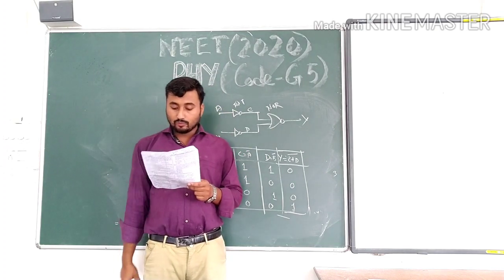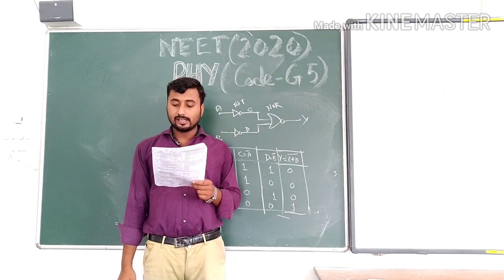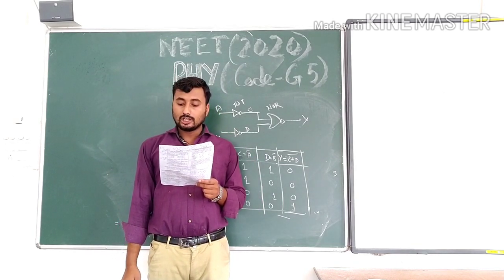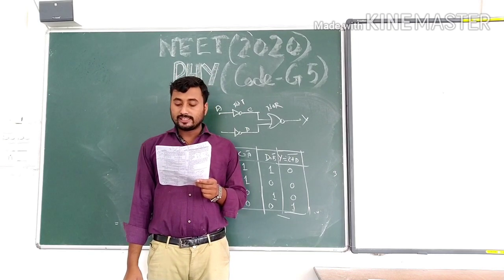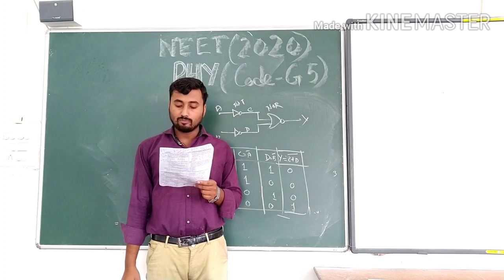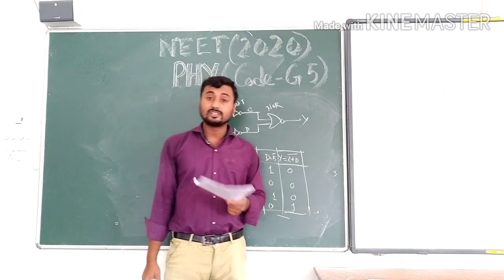Next, two particles of mass 5 kg and 10 kg respectively are attached to the two ends of a rigid rod of length 1 meter with negligible mass. The center of mass of the system from the 5 kg particle is nearly at a distance of.